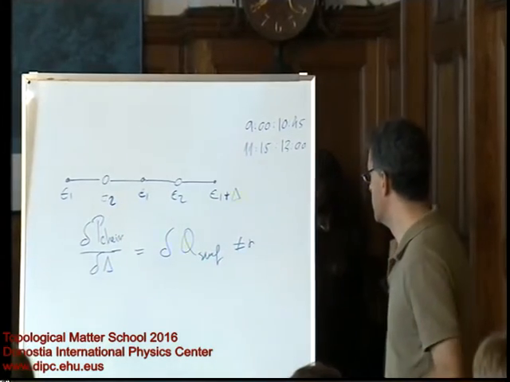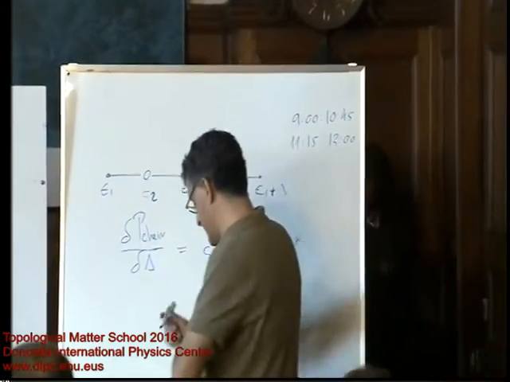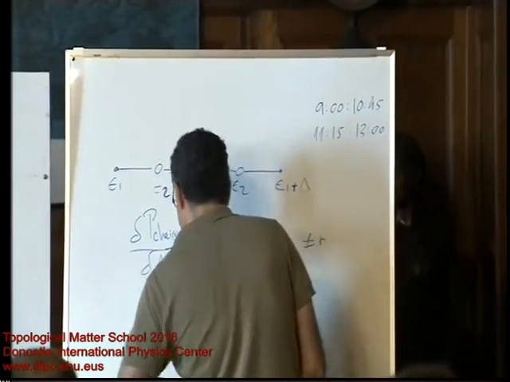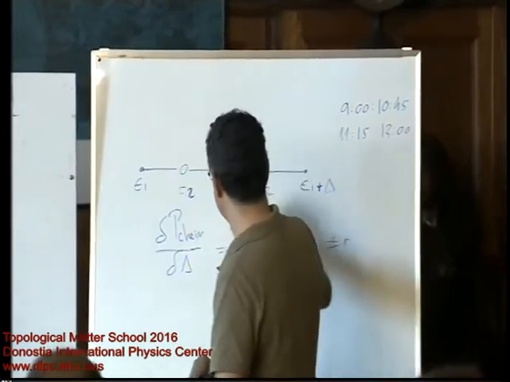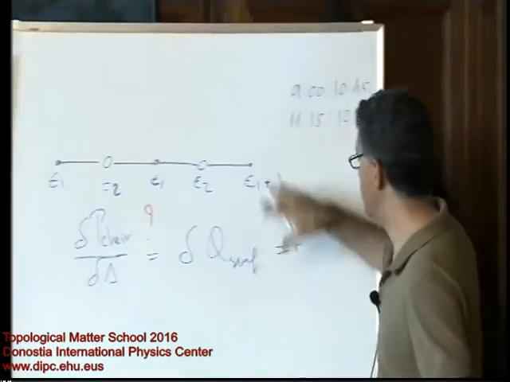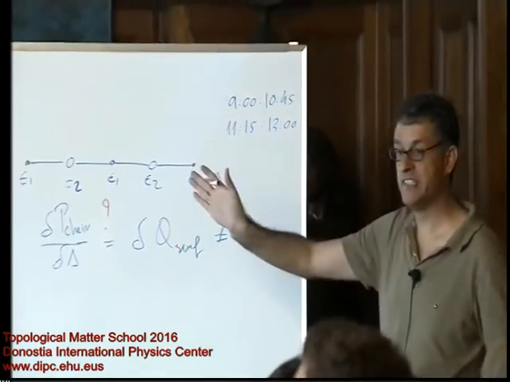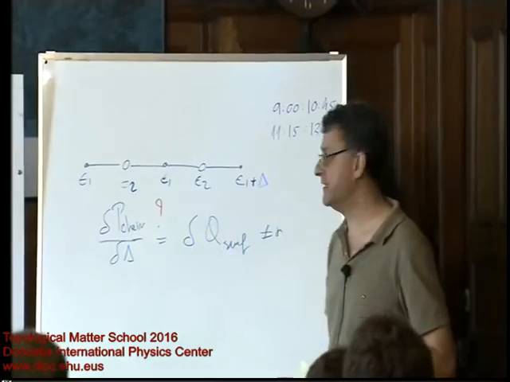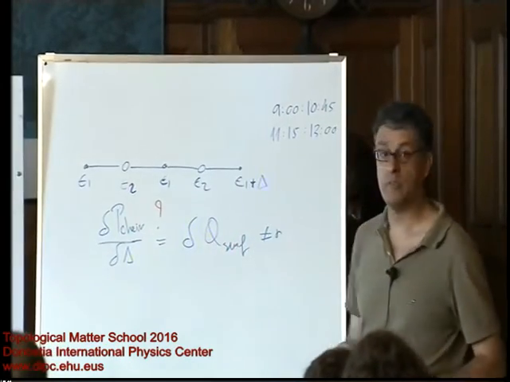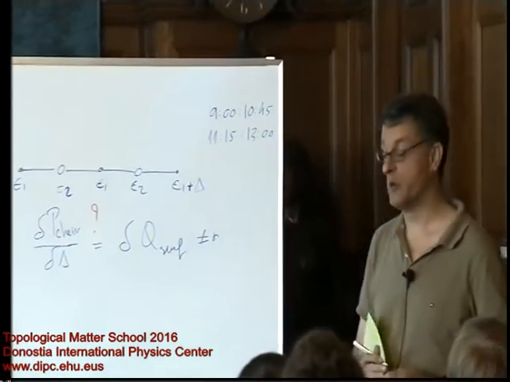Okay? So if by playing with the on-site energy at the end of the chain you can push charge continuously away from it to the other end, then it's hopeless. Polarization is not a bulk property.